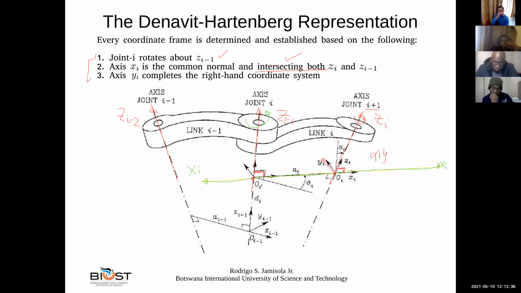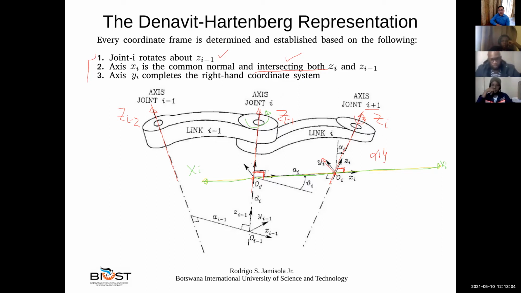Again, we define where the axes of the frame are and where its origin is. The origin is here because this is where they intersect. These points of intersection will be the origin. Wherever you place it, that is now your origin.